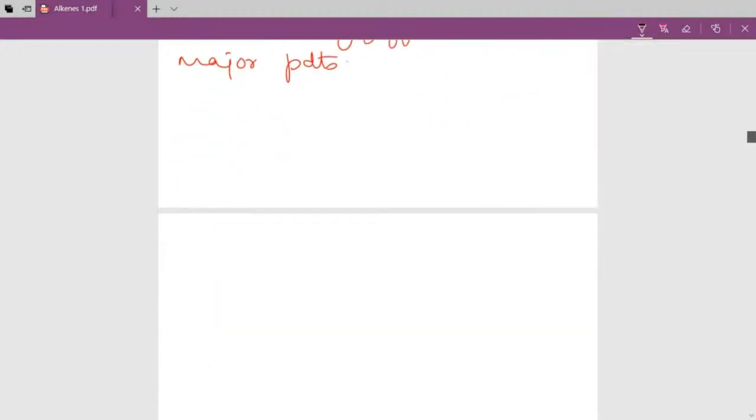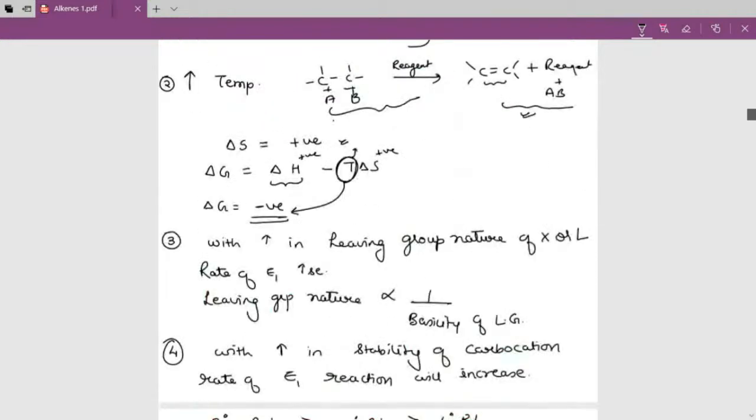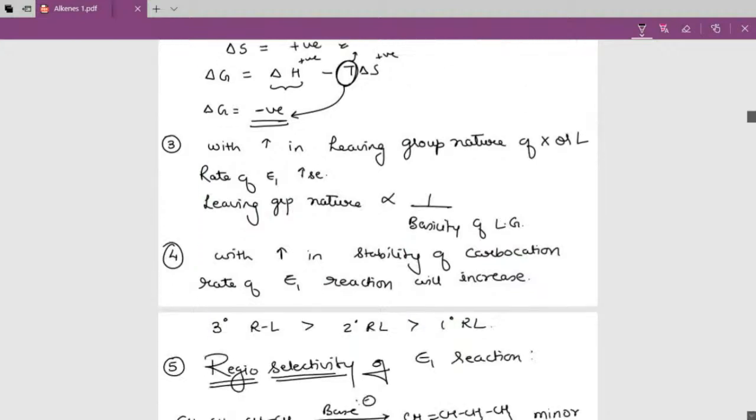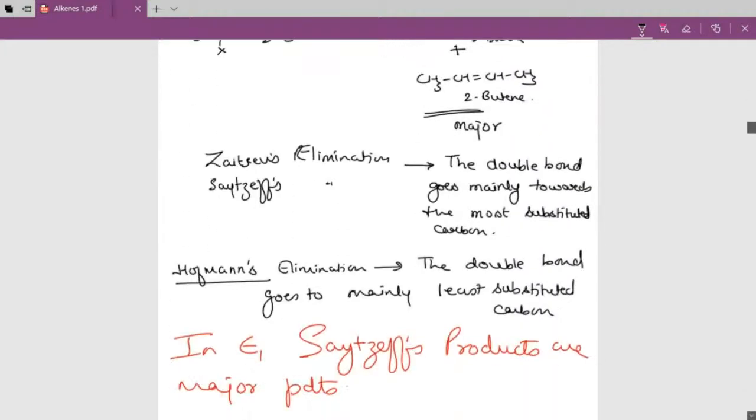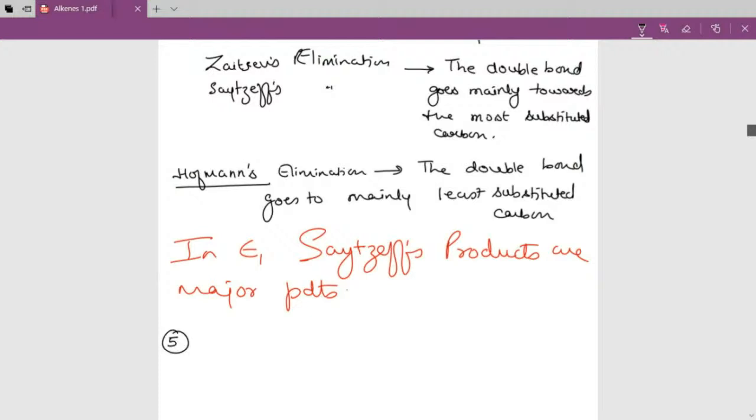Next point, let us see where were we. Let's first go to that. We had point number 4 and regioselectivity is point number 5. Can E1 reactions be stereospecific and stereoselective? Well, yes, it can be. I cannot deny that E1 reactions are always non-stereospecific.